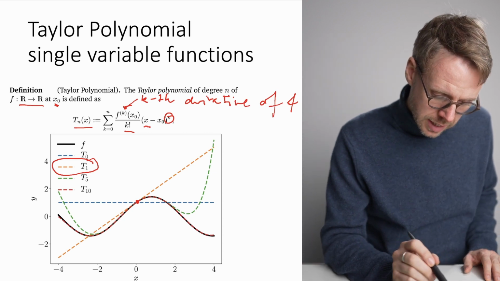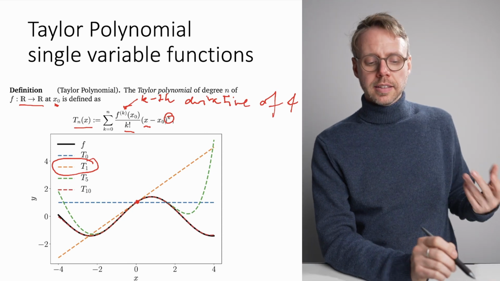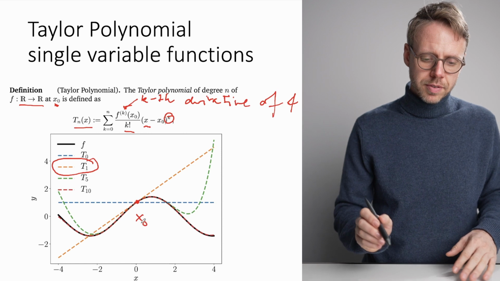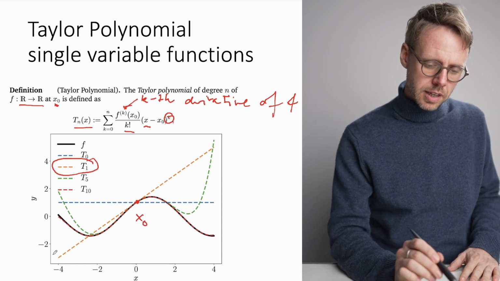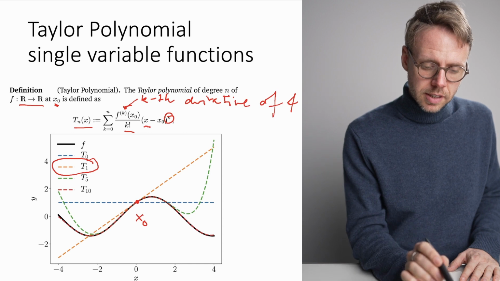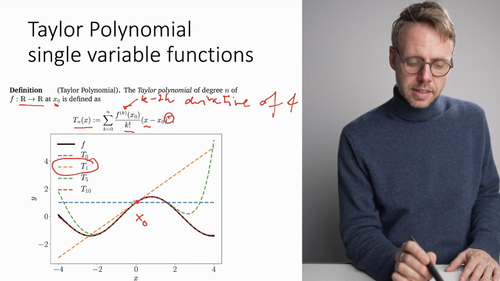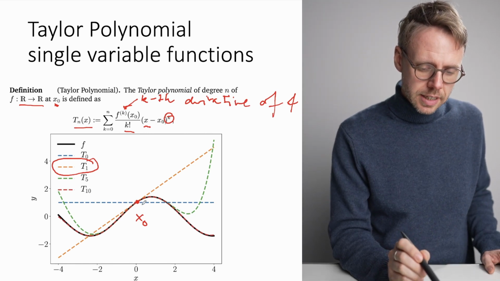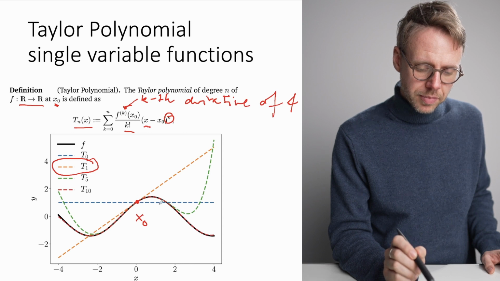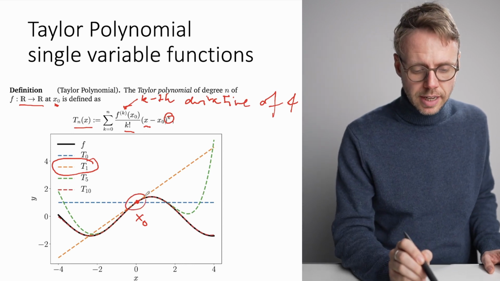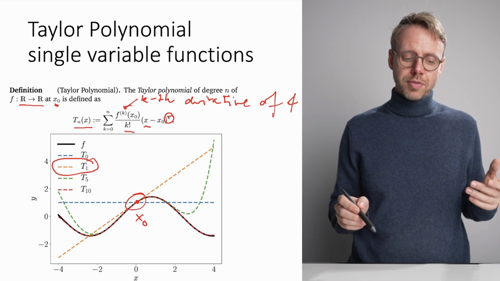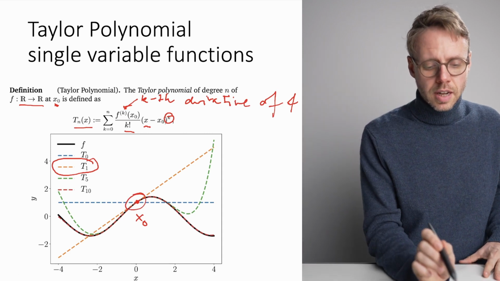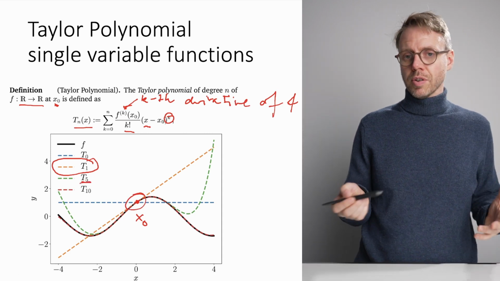So it's a function that at the point x0 here has the same function value and the same derivative, and then goes linearly. If we increase n, so the order of the polynomial, we get a higher order polynomial. And it turns out that this polynomial and the function will here at this point x0 have the same derivatives up to the degree of the polynomial.